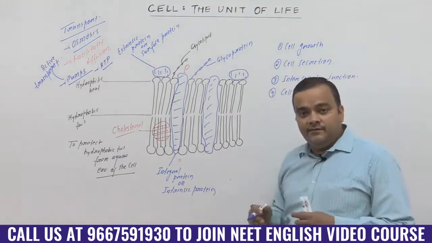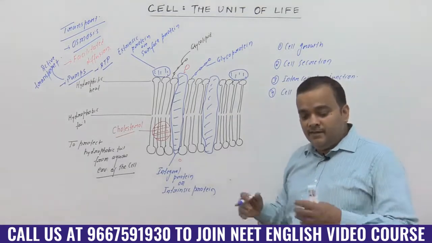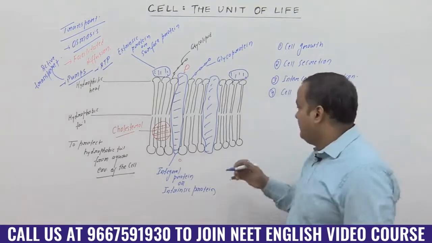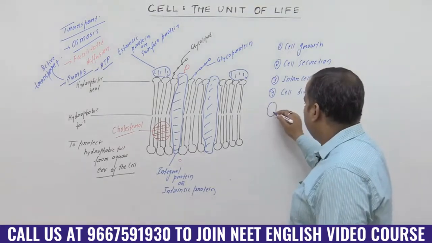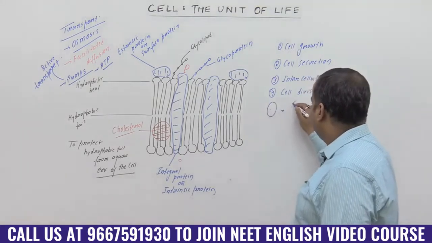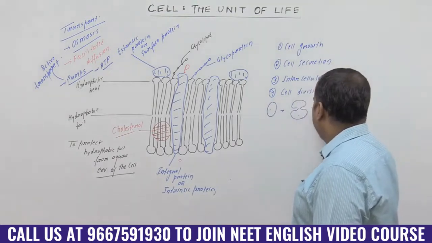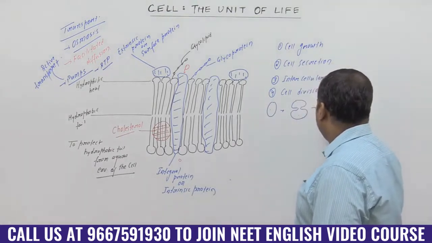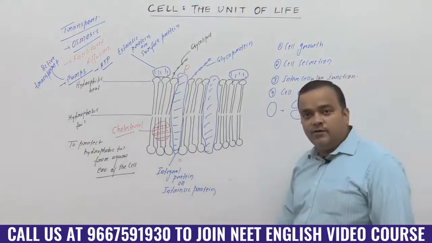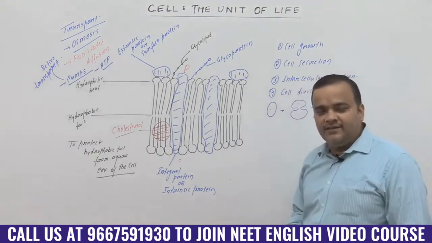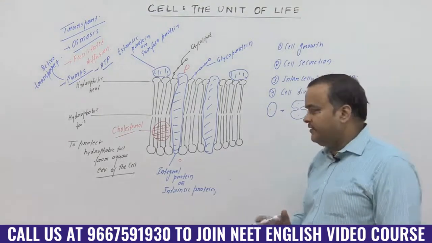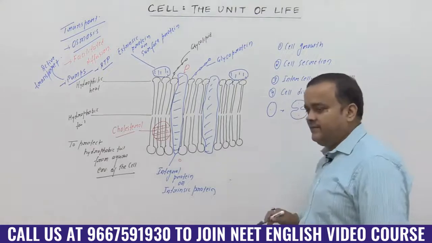In case of an animal cell, this membrane will invaginate. Suppose this is an animal cell, so this membrane will show invagination like this, and finally this invagination will meet and divide the cell into two daughter cells. We call it the cell furrow method, that you will study in cell cycle and cell division. So it is involved in cell division.